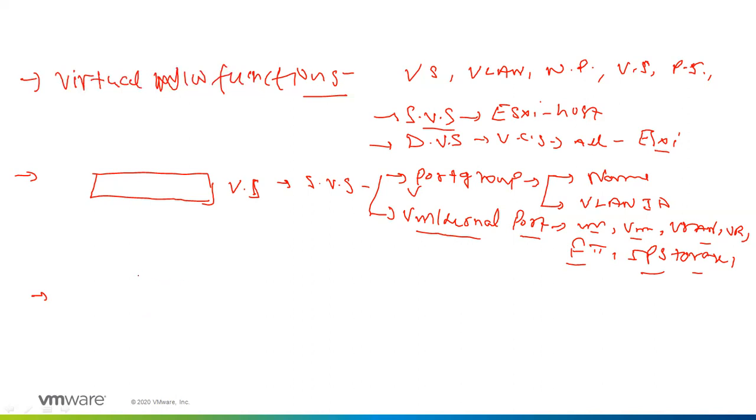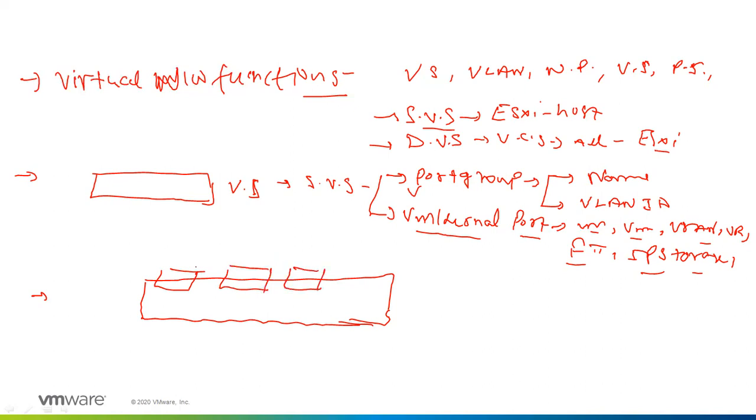So for example, if I draw this picture a little bigger, this is my virtual switch, which we are going to create inside my ESXi host. Here, for different categories of virtual machines, we are going to create different types of port groups.